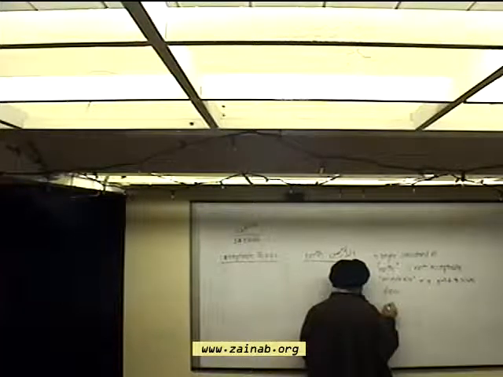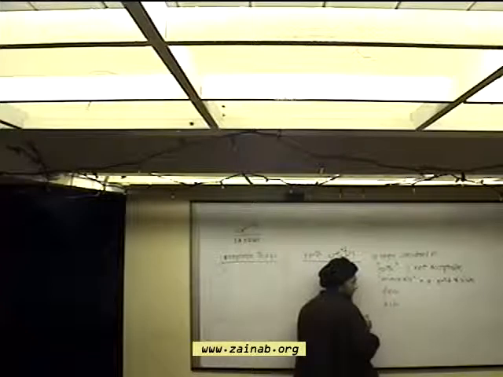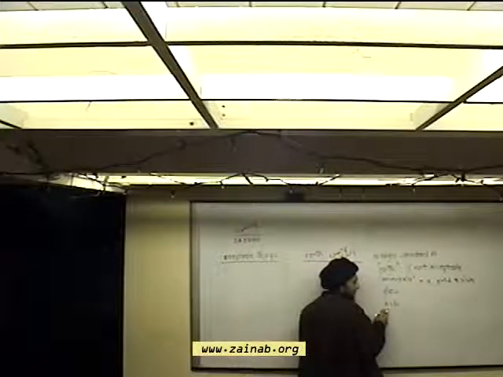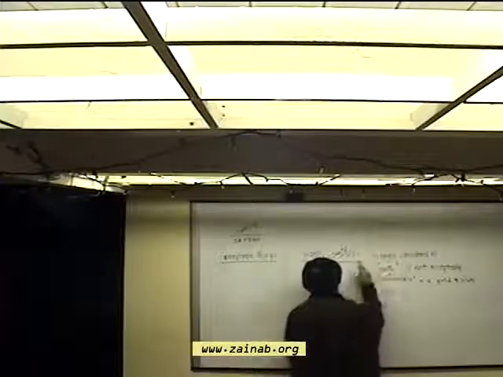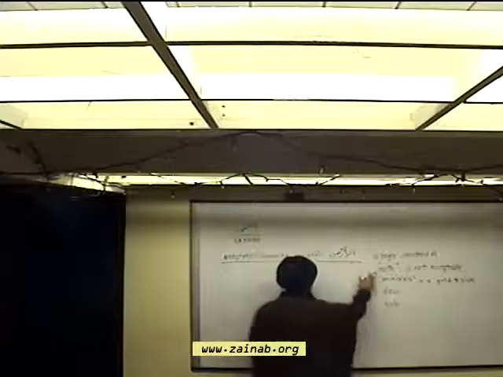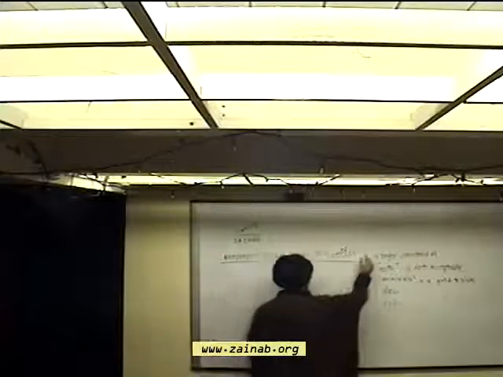An example is the ash. If you burn down the plants and it converts into ash, you cannot do the sajda on it because it's no longer called al-ard, the earth. So these are the things that we need to keep in mind.